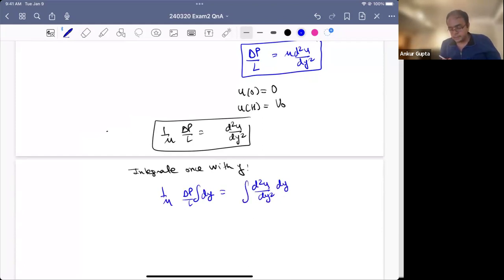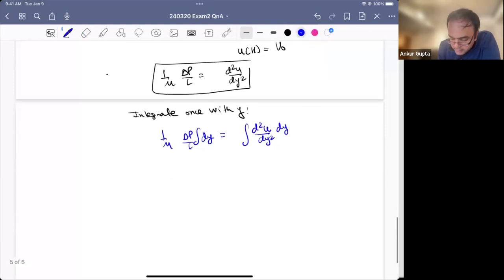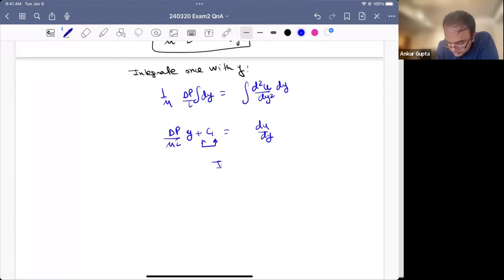Sometimes my u's and y's are confusing, so let me clarify: it's d square u by dy square dy. So the right-hand side becomes delta P by mu L times y plus c1 is equal to du by dy, where c1 is the integration constant. Then we will integrate again.